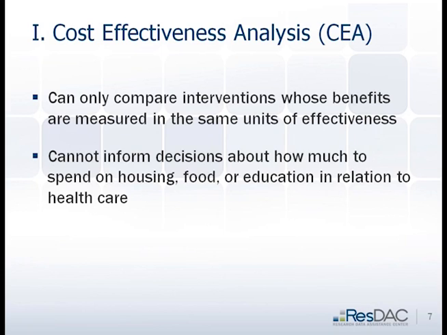So with cost effectiveness analyses, you're comparing interventions where you're assuming that the benefits are measured in the same units of effectiveness across the 2 strategies. Otherwise, you're in trouble, right? You have to compare apples to apples.